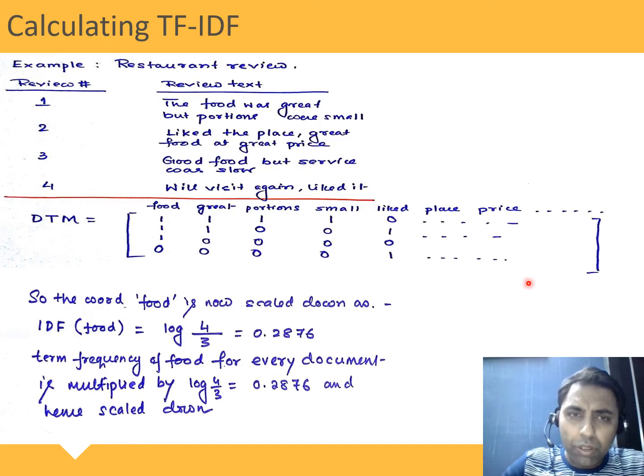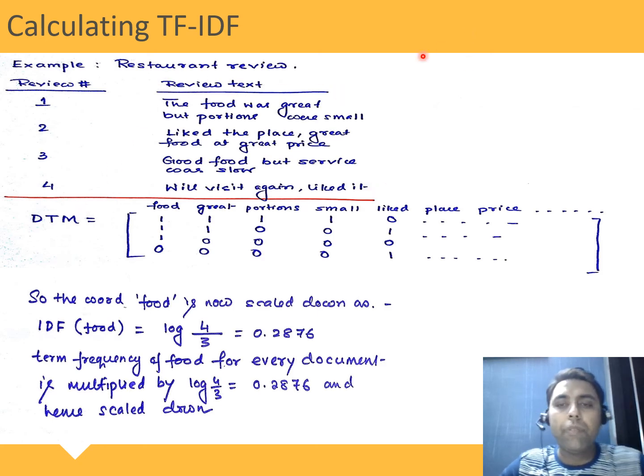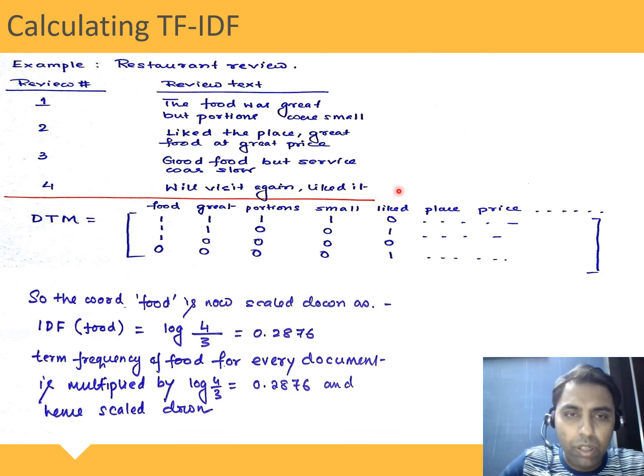So going back to the example we were looking at previously in this video. This was the restaurant review example, where we had 4 reviews of some restaurant for the purpose of illustration, and people were talking about how the food was.